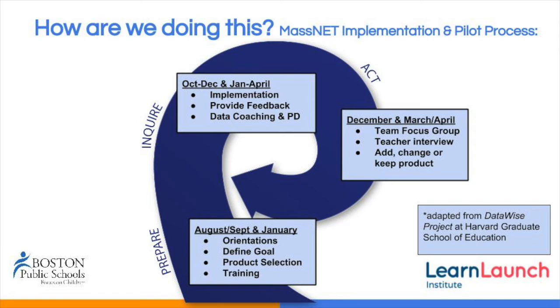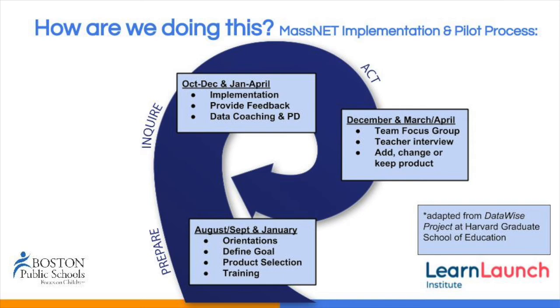But just to give you a sense, in August and September, we will be, of course, doing the orientations to give you kind of an overview of this project and help you define that instructional goal. And then we'll be matching you with different products that we feel would be a good fit for meeting that goal that you define. Ultimately, the final selection of the product will be up to you and your team.